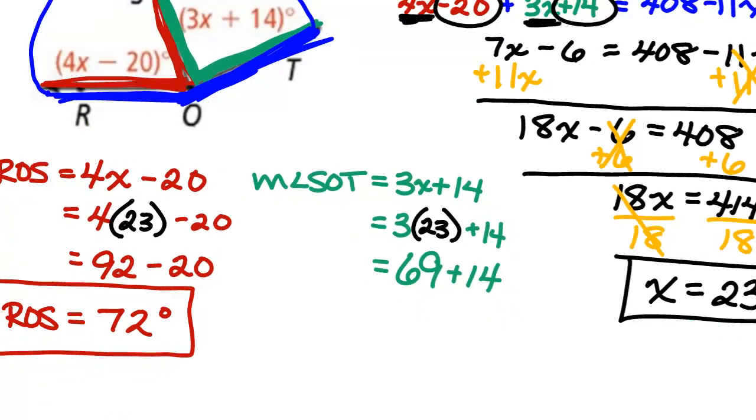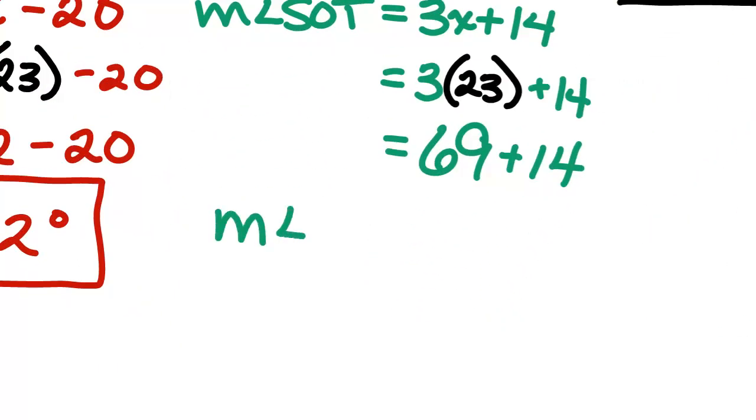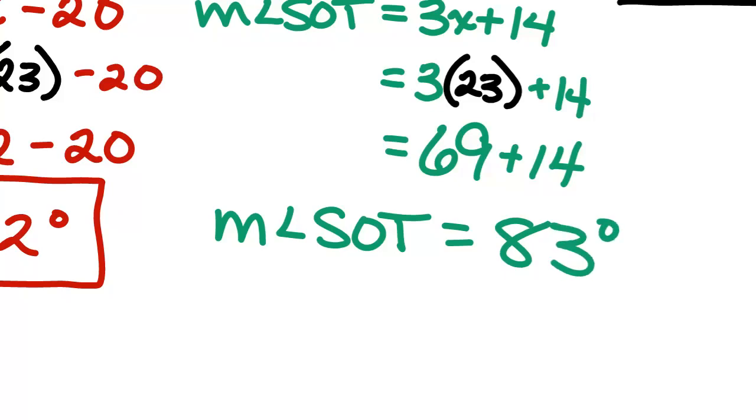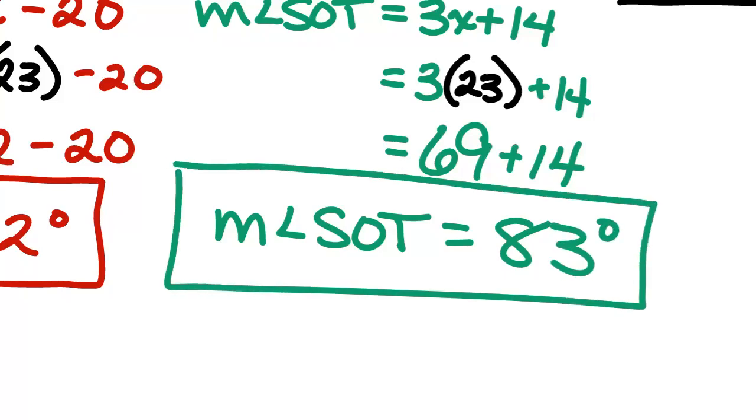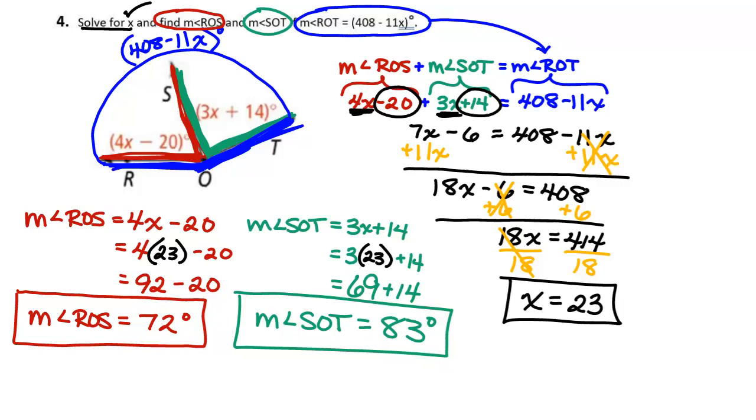And 69 plus 14 would give me what? 83. So the measurement of angle SOT is 83 degrees. We had to use our angle addition postulate in order to set up the problem so that we knew where to put these different pieces and what to set equal.